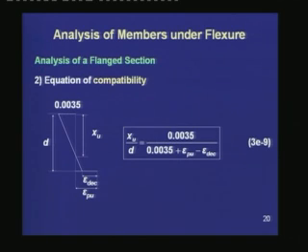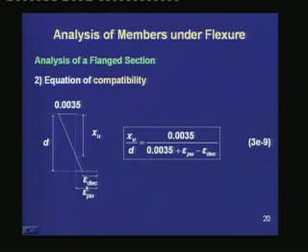The second principle gives us the equation of compatibility, and here we see that from the similarity of triangles, we can relate the strain in the extreme fiber, which is 0.0035, with the strain at the level of CGS, which is epsilon PU minus epsilon DEC.